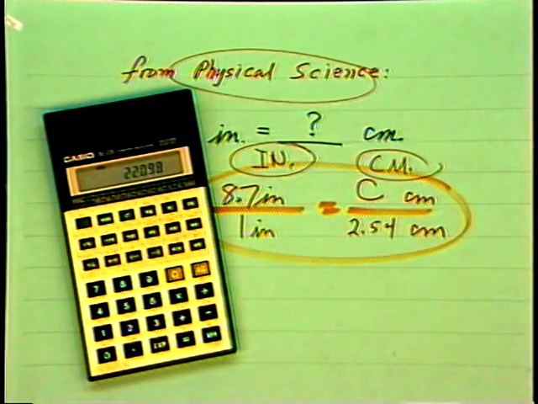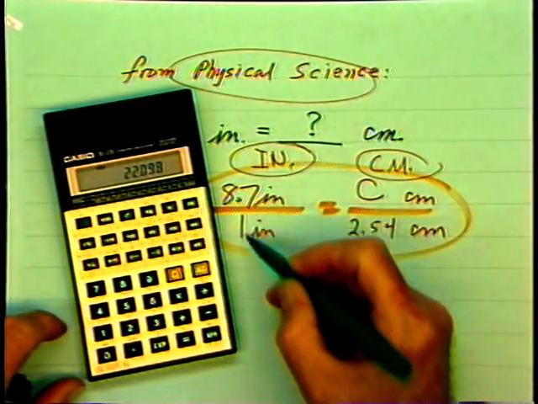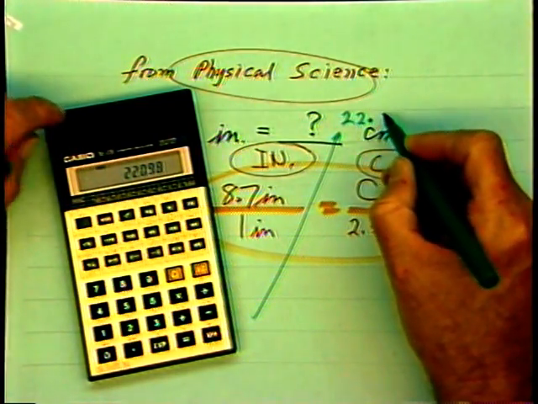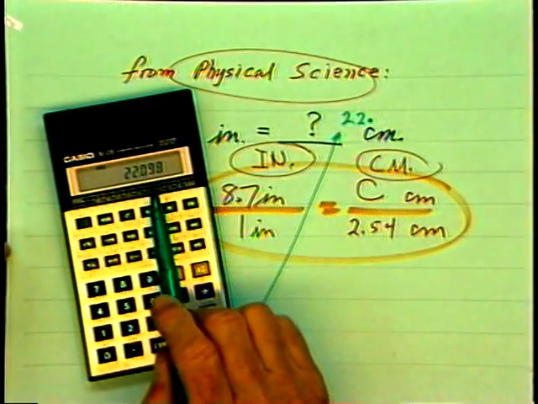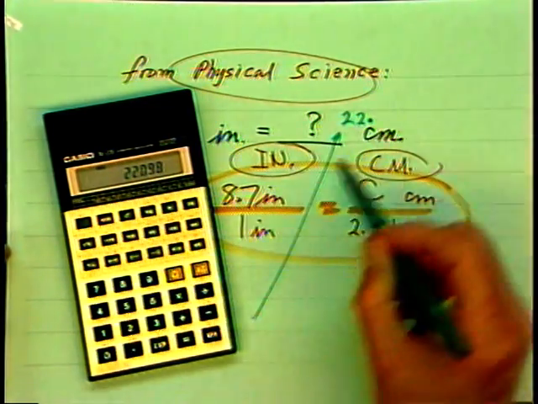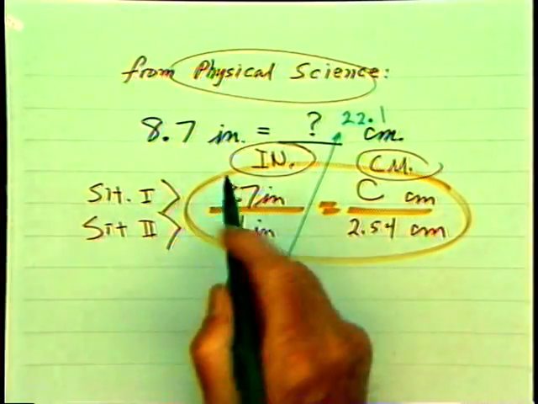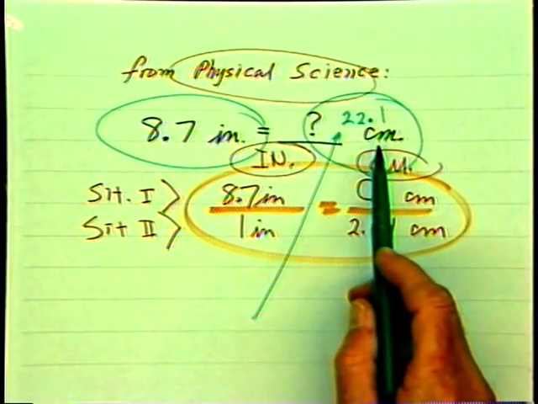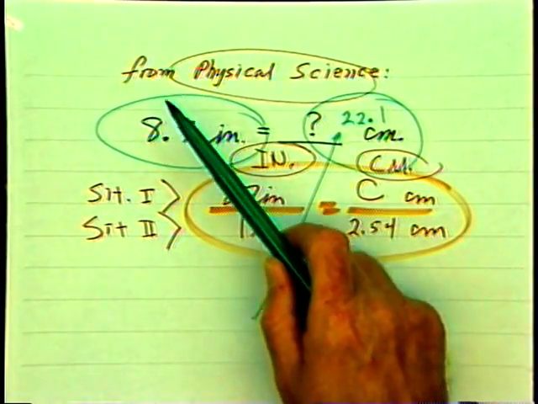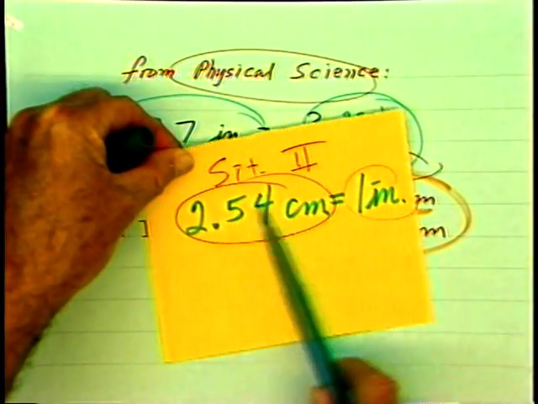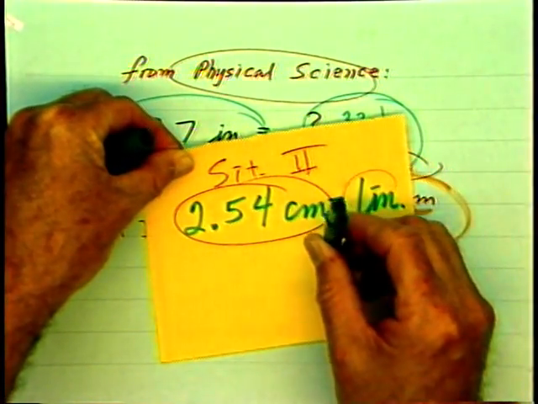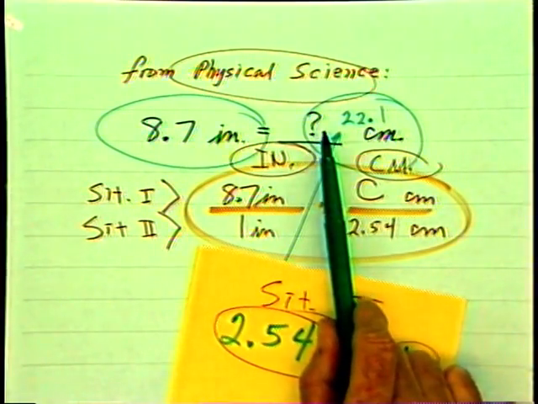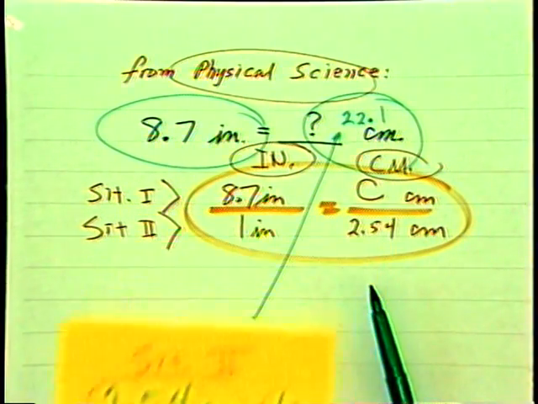So we can simply say equal, and we have that the number of centimeters I want is 22 point, if I wanted it to the nearest tenth, this is 0, the digit next to it is 5 or more, so I would round up. So I can say that 8.7 inches is 22.1 centimeters. So do you see you can use the fact of proportions and a conversion table now with this lesson to do any conversion you want to do, as long as you know it's a proportionate relationship.